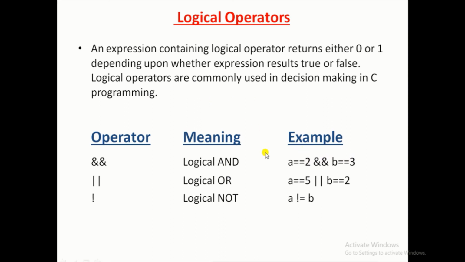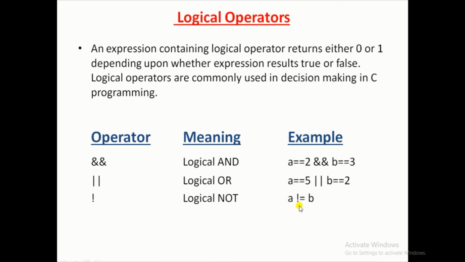Here you see the logical not. In this way we use the logical not operator. A not equals to b: the value of a and the value of b are not the same, so we use the not operator to express that a not equals to b. And the logical or operator does its job: a equals to 5 or b equals to 5.